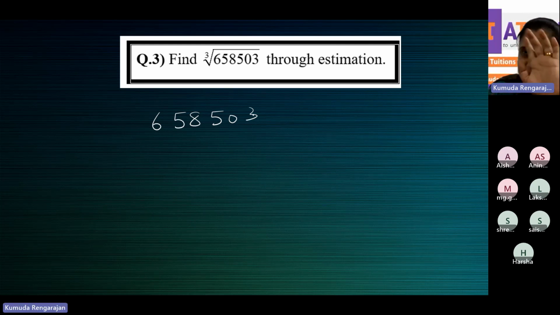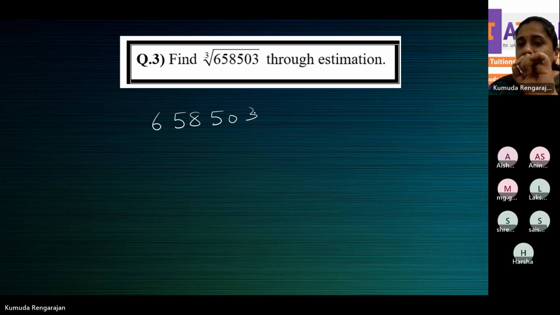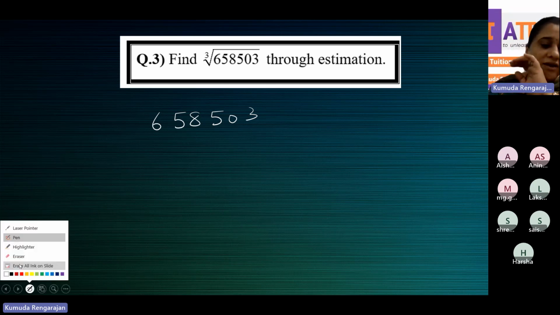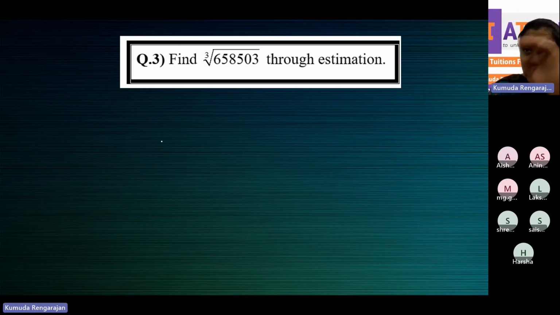If you are asked to find the cube root of a number by the estimation method, then the given number will be a perfect cube. Otherwise, they'll not ask you to estimate. So you can take it for granted that the given number is a perfect cube.